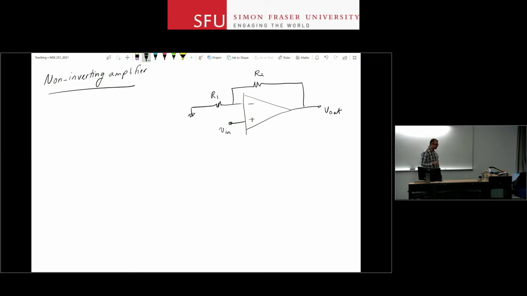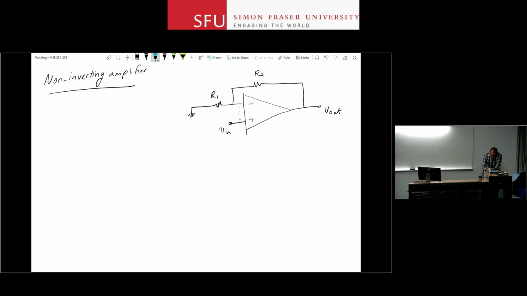So same arrangement, but I'll switch the location of ground and signal between the two terminals. Now, if I want to analyze this circuit, I want to use the golden rules that I have for the op-amp.